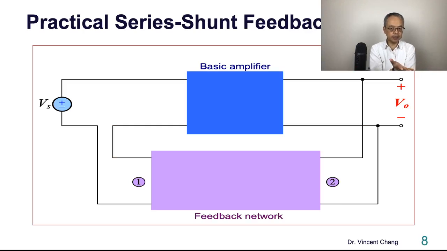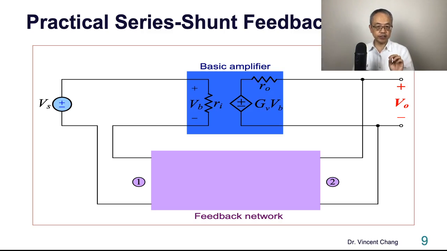But in reality, let's consider a practical one, it's not ideal. It's the practical series-shunt feedback. Let's say we have the basic amplifier, the BA. Here's the equivalent circuit. To help you not get confused or mix up, I do this on purpose.